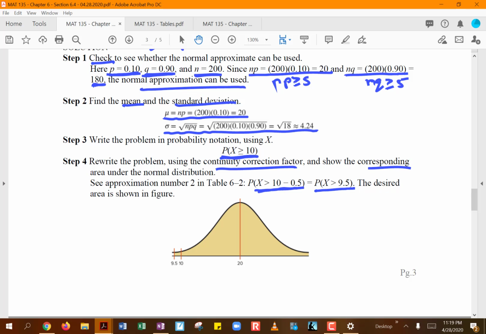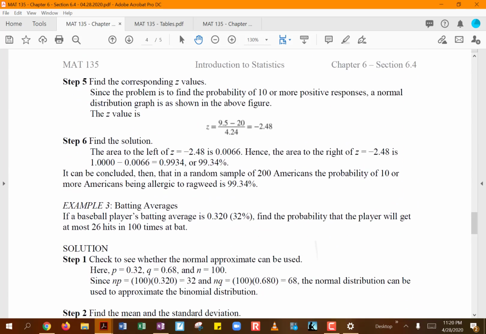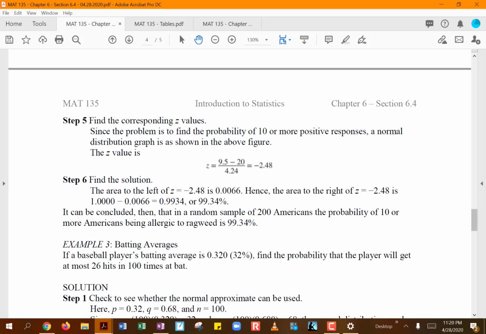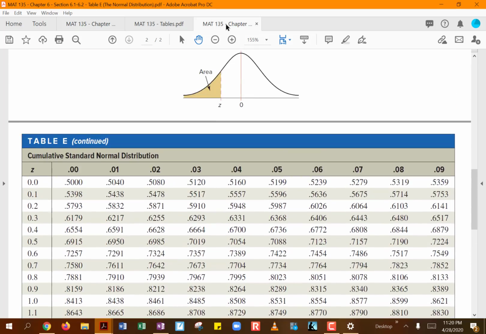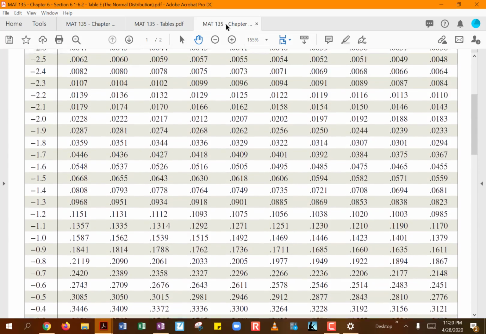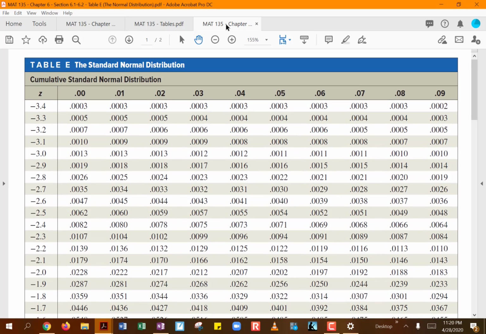Now we're ready to find our z-score, so that's going to be for the 9.5 value. That z-score comes out to be negative 2.48. So let's take a look at it. Negative 2.48, and looks like this number comes out to be 0.0066.